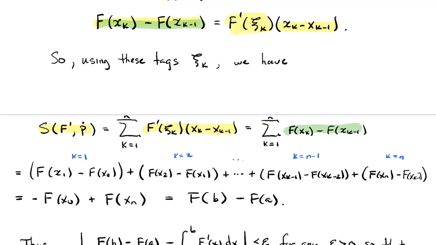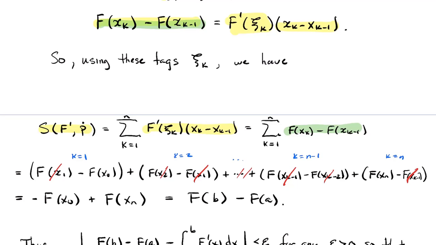with opposite signs. For example, this capital F of x1 has its opposite in that sum, so they eliminate each other. Capital F of x2, in the next term that I didn't write here, would have a minus capital F of x2, and so on. This capital F of xn minus 1 shows up in the next term with a minus sign.